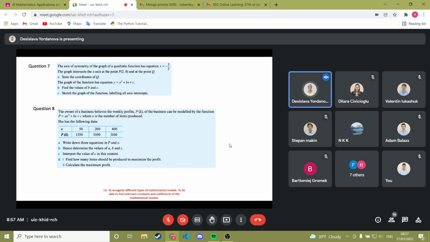And how do we get there? By substituting the x and p values and then turning them into linear equations. Nice. So, does anybody need me to write it? Yeah, sure. Okay. So, just a second.